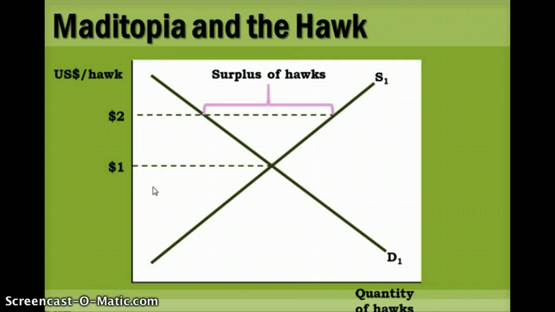So if there's a surplus of hawks in the exchange rate market right now, then Maditopia needs to follow some policy or policies that will eliminate that surplus and bring the market back into equilibrium at the price that they desire. There are several options that the government could pursue.